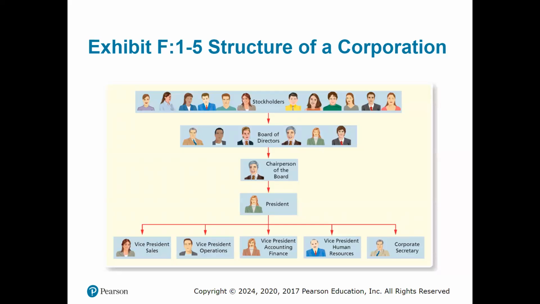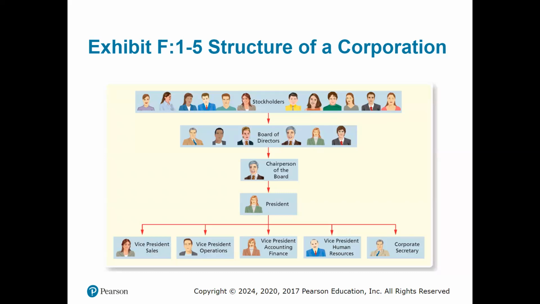The board of directors then technically is who hires the president or CEO of the company. The chairperson of the board is the primary go-to between those two. But when they say president here, a lot of times you'll see that referred to as the CEO of a company, or chief executive officer. And then underneath that, you'll have a variety of vice presidents who head up certain areas within the company. So here they have sales, operations, accounting, human resources, and then they have a corporate secretary, which is typically like the chief legal officer.